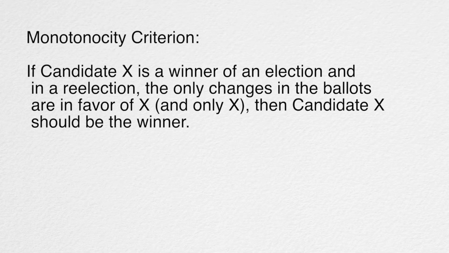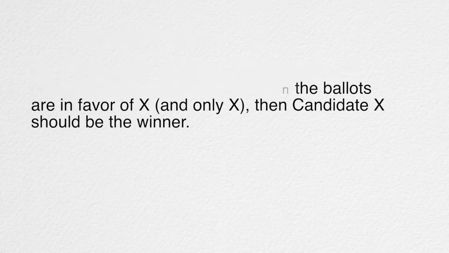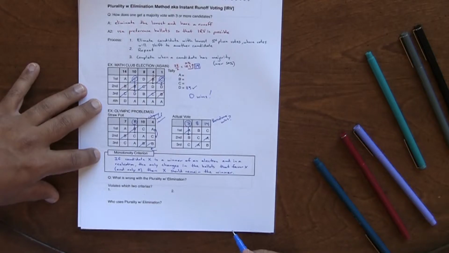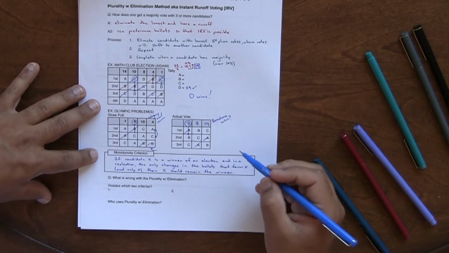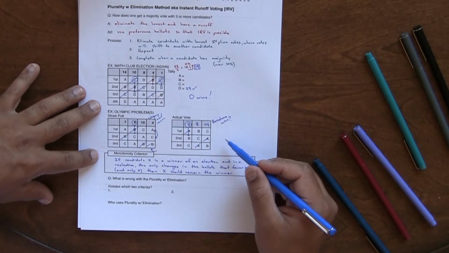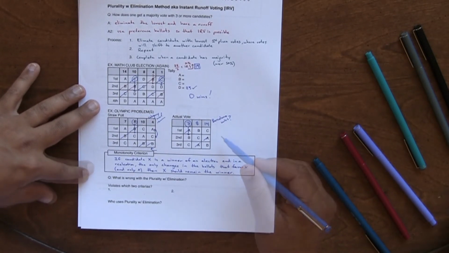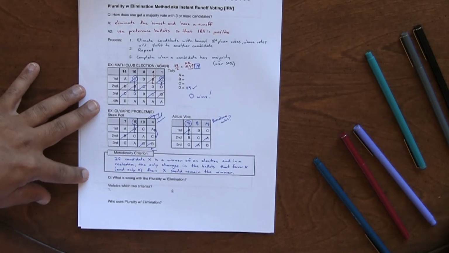If candidate X is a winner of an election, and in a re-election the only changes in the ballots are in favor of X, and only X, then it only seems fair that they should be the winner. If the only points are given to the person who won, shouldn't they win the second time around? A minute ago we saw that that doesn't always happen, which is really strange. That really is one of the things that's wrong with plurality with elimination.